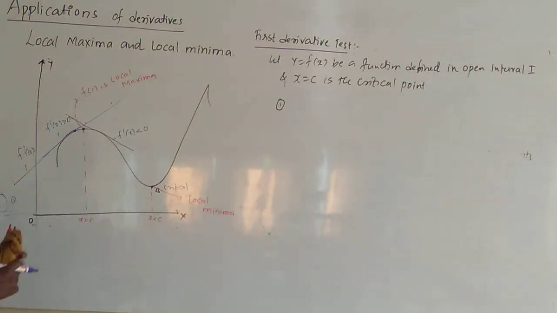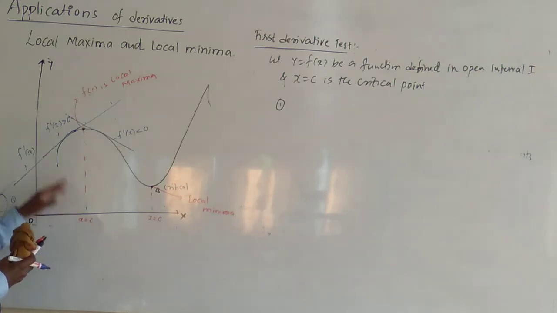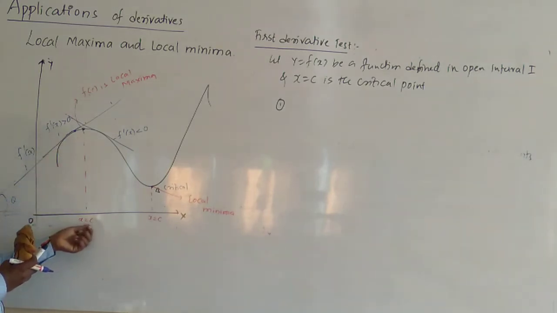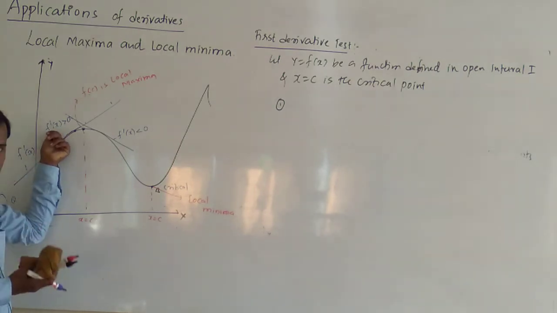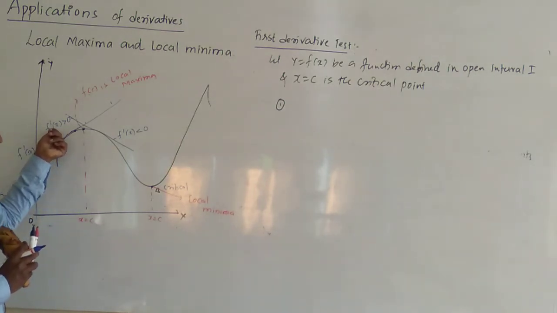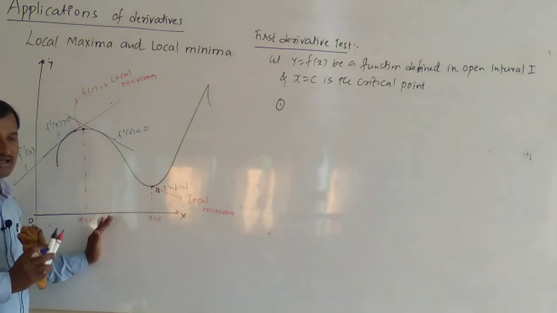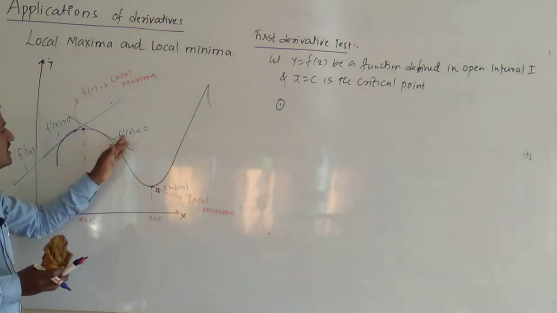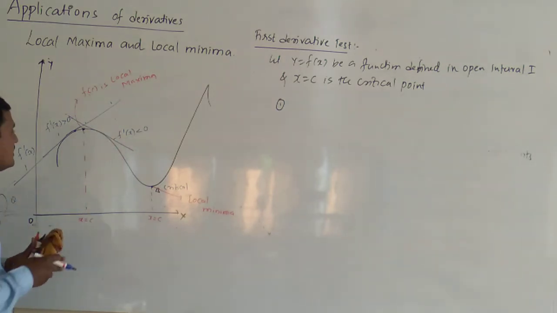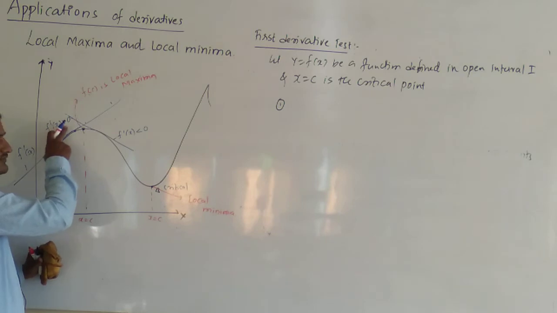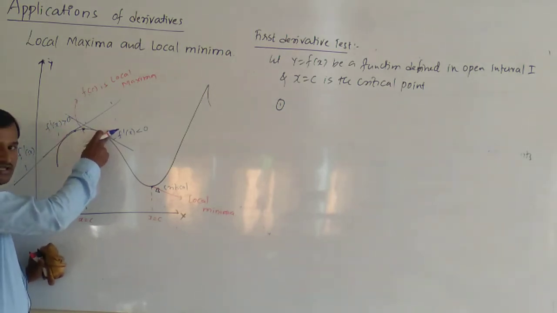So see here, if you take the tangent on the left side of this point C, then you are getting f dash of x is more than 0. And if you take the tangent on the right side of the point C, in that case you are getting f dash of x is negative. So here you should observe that the sign of f dash of x is initially positive, after that it becomes negative.